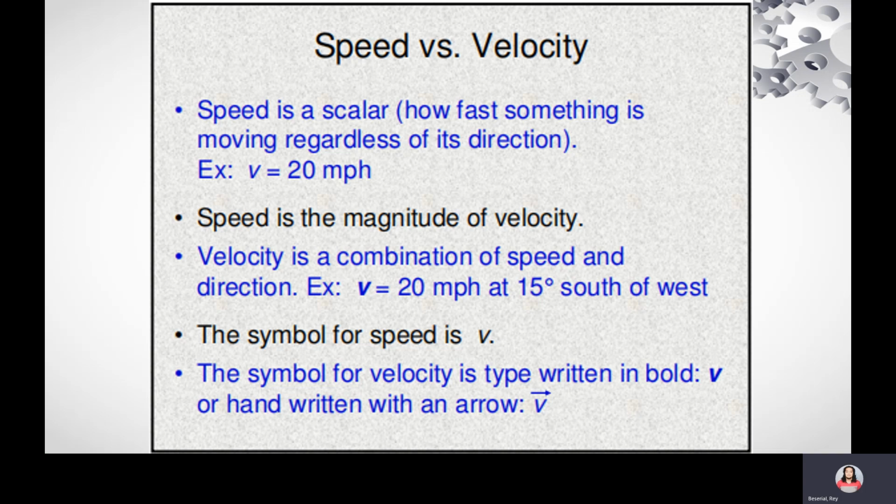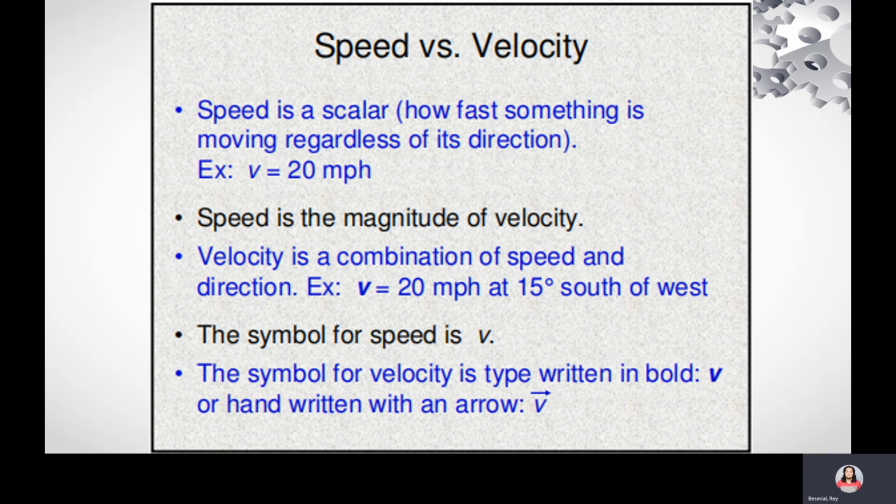So speed is the magnitude of velocity. Yung velocity is combination of speed and direction. Example nito, meron tayong speed na 20 mph, pero meron tayong direction na 15 degrees south of west. So ito ang pinagkaibahan nila. Ang speed ay 20 mph lamang, magnitude lamang, and then velocity, meron na tayong direction.